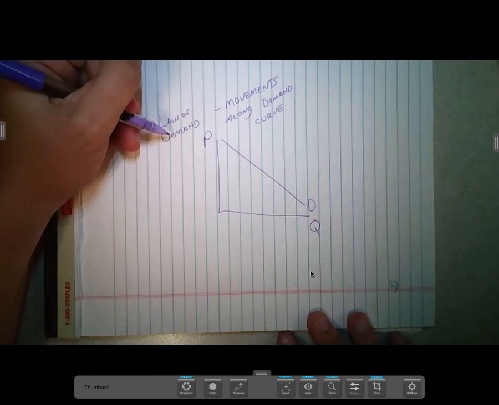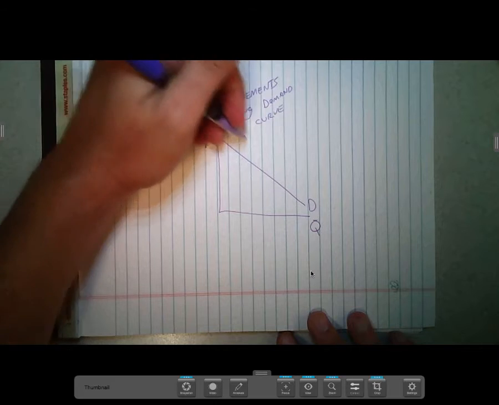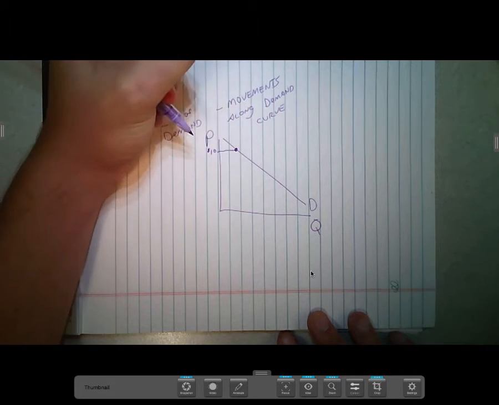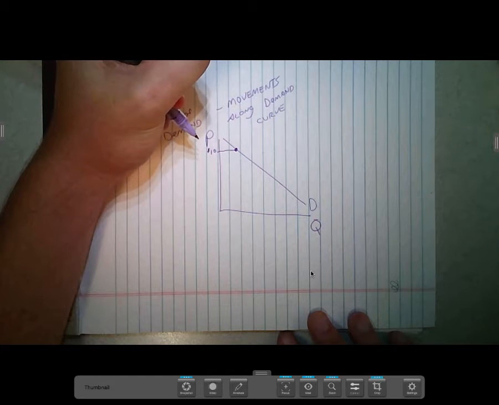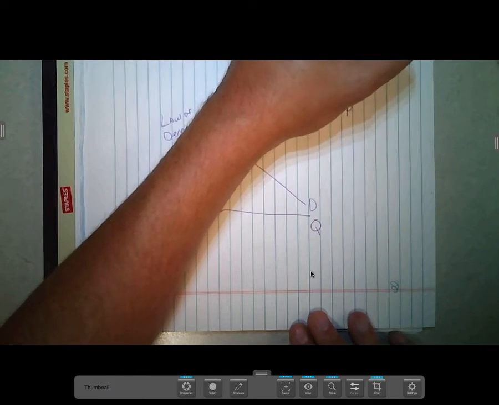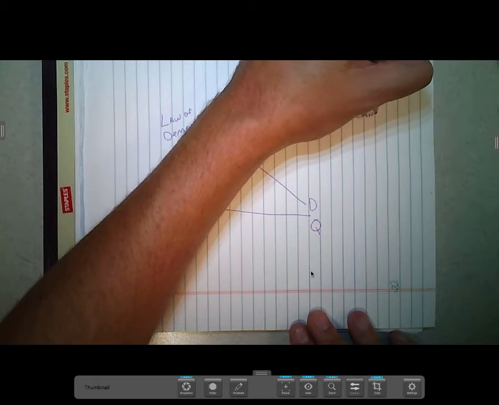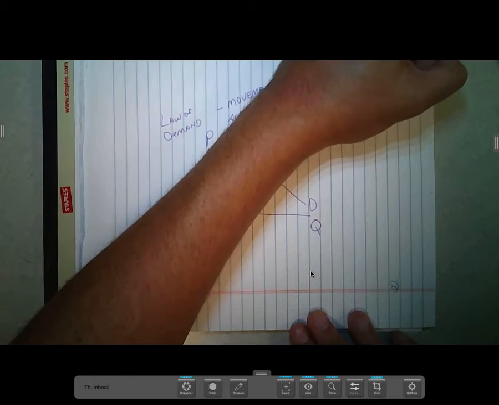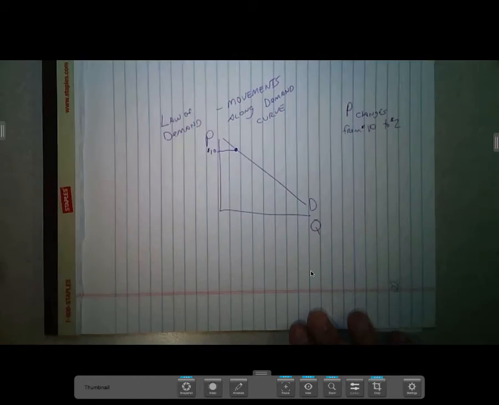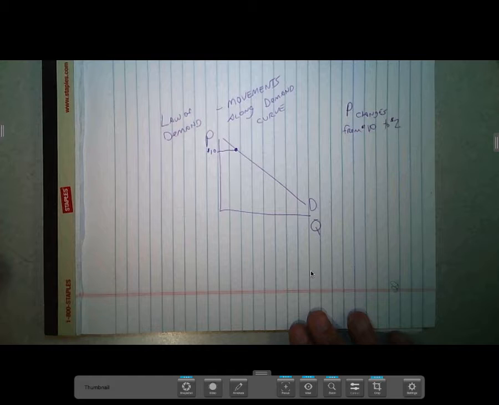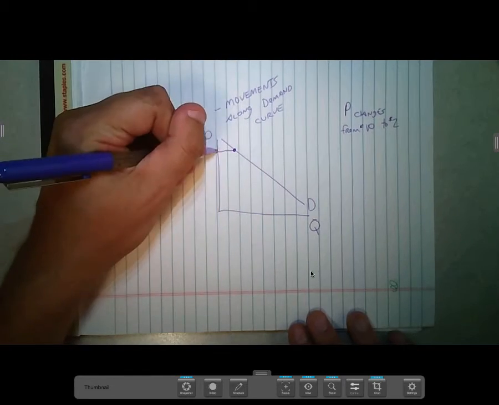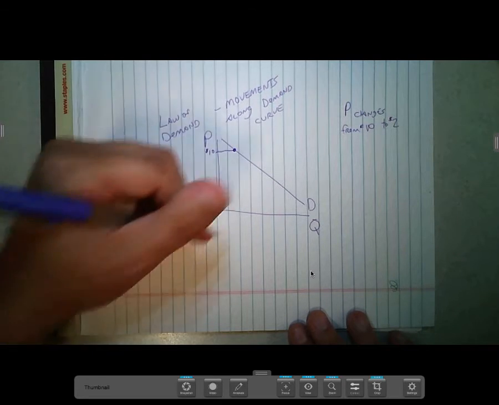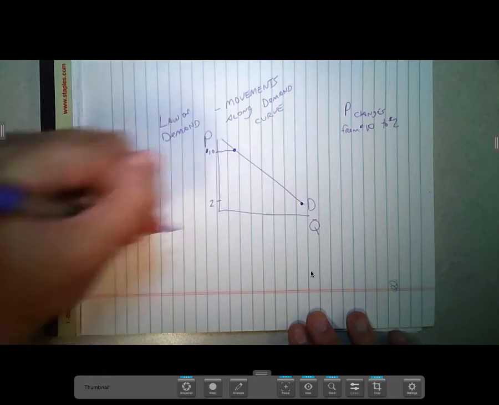That for the law of demand, in those movements along the demand curve, let's say the price of something was $10. That as the price changes from $10, let's say, to $2. So as the price falls from $10 to $2, now the quantity demanded would be higher.